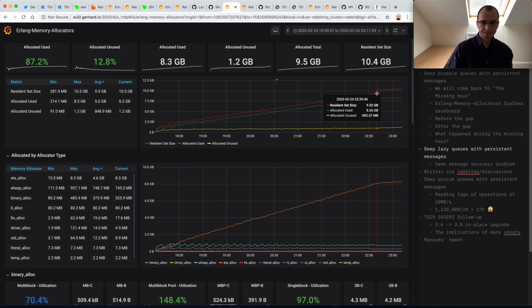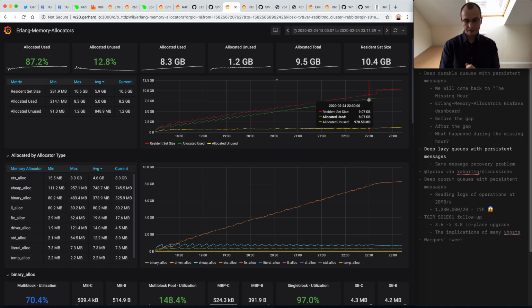Something happens here. So the thing that happens here is that the limit gets applied. So at this point, we have filled the messages, and we are starting to drop messages from the head. That's the default strategy when the max queue length is reached.